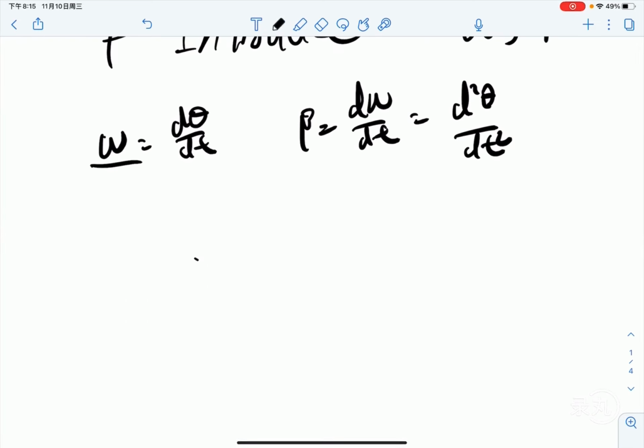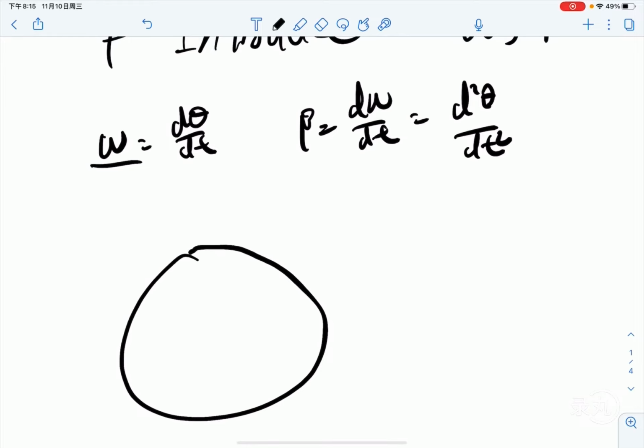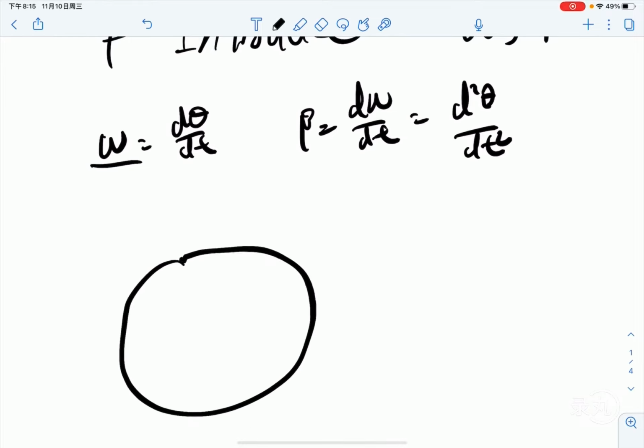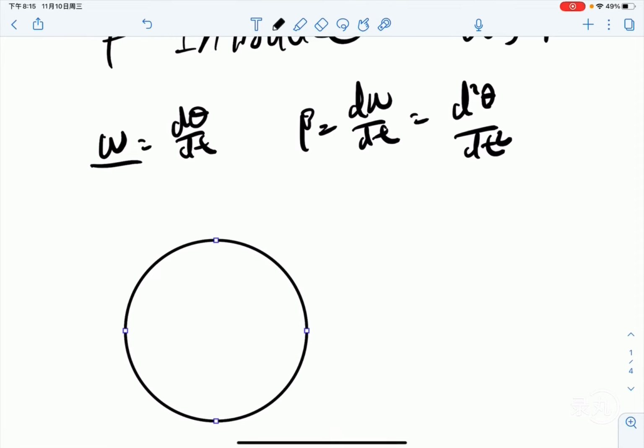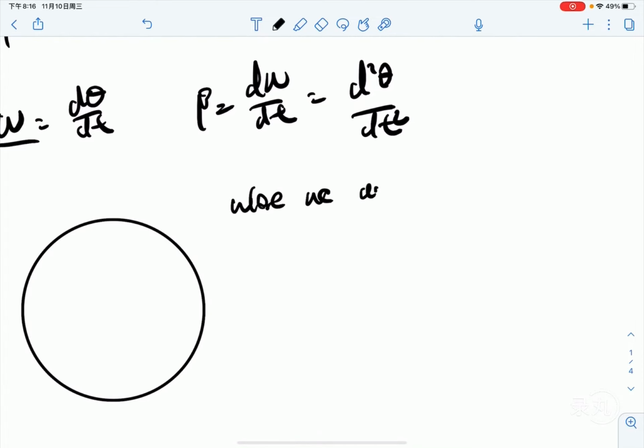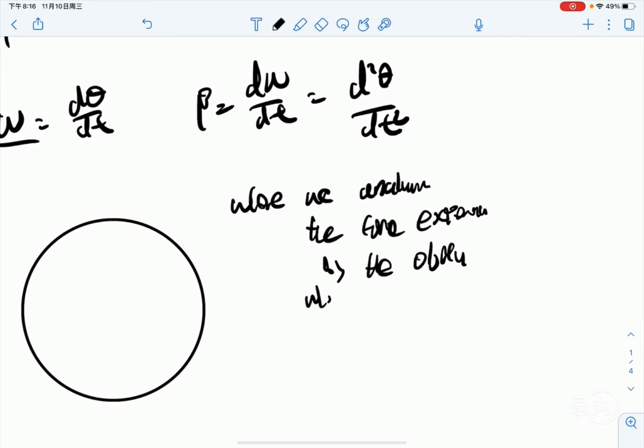And now we're moving on to a simpler case where we analyze the force experienced by the object when omega is the same.